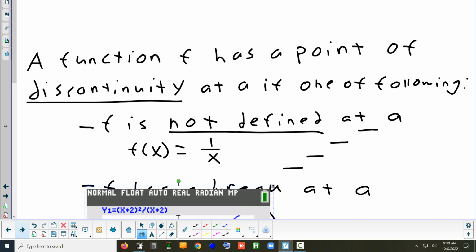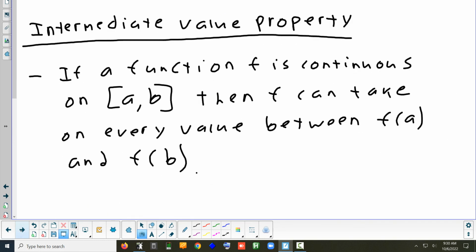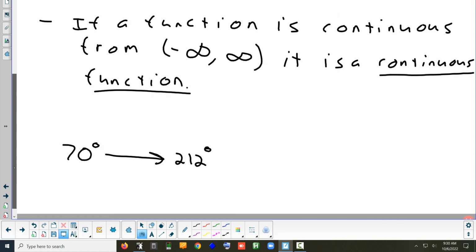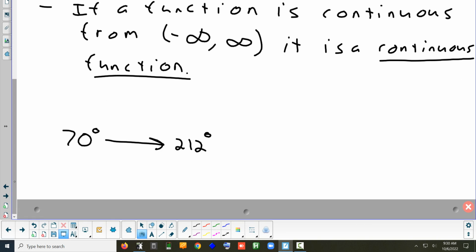If I'm driving to a city and I have a GPS keeping track of how far I am from the city, maybe I start at 60 miles away, and by the time I'm done, I'm at the city and I hit 0 miles away. Your distance is shrinking as you travel to the city.